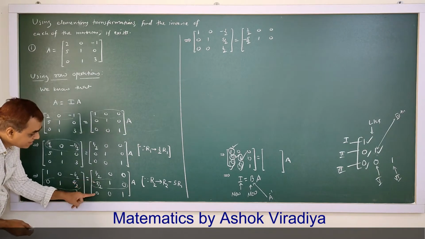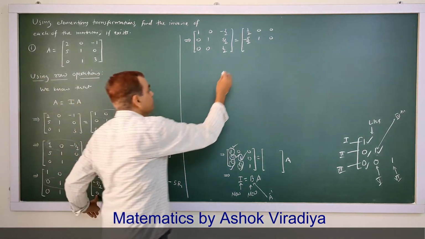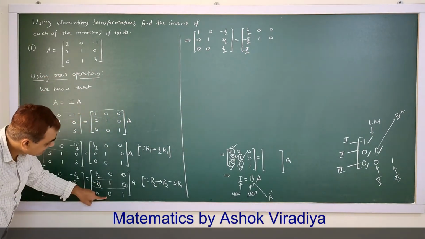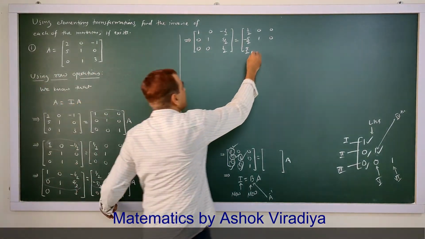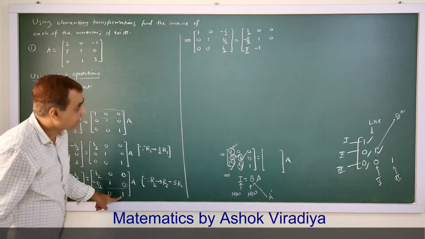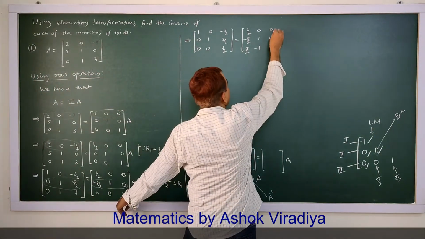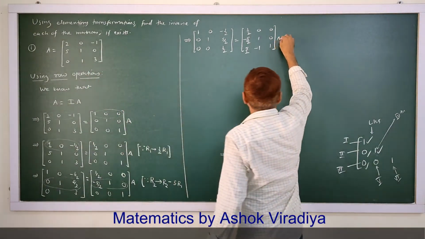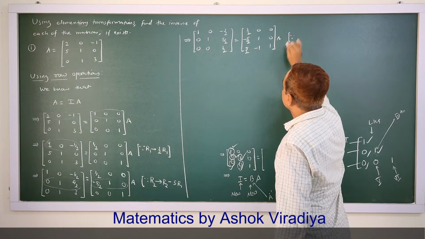So subtracting this here, this will be 5 by 2. Subtracting 1 from 0, it will be minus 1. Subtracting this from 1, 1 remains unchanged. And 8 remains 8.